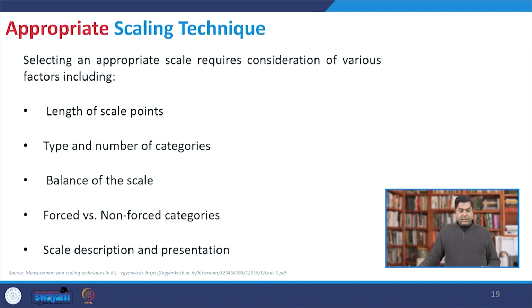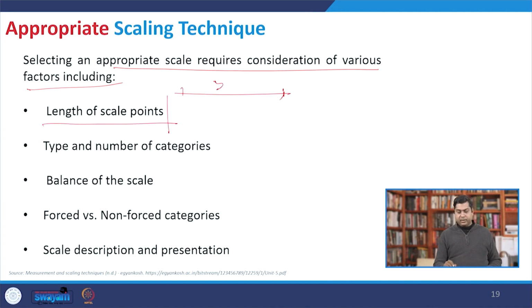Now, appropriate scaling technique. We have discussed so many techniques, but how do we decide which one to take into your study? First, definitely, the length of the scale: whether you are measuring it on a 3-point scale, a 5-point scale, or altogether a 10-point scale.